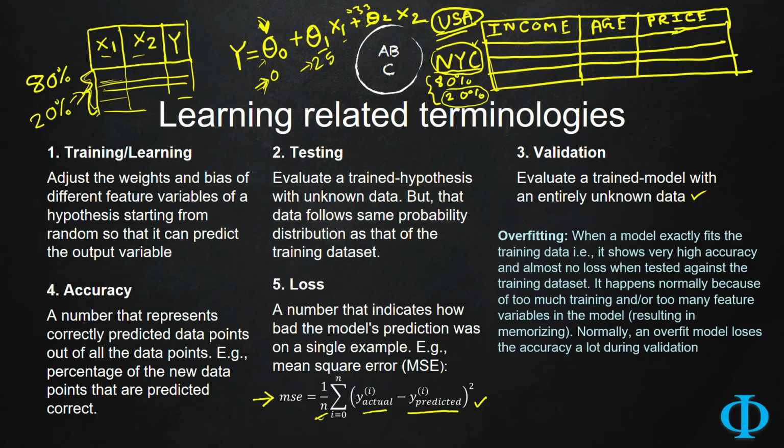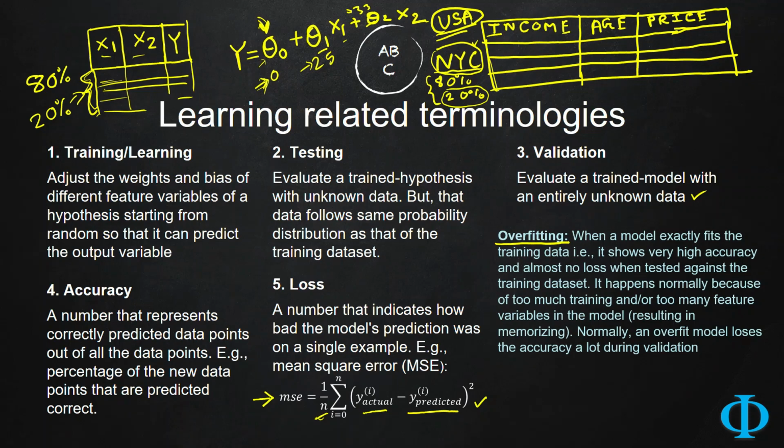Now, when it comes to these learning related terminologies, one thing is very important to know, which is called overfitting. Overfitting is when a model exactly fits the training data, that is, it shows very high accuracy and almost zero loss, that is no error, when testing against the same training data set.